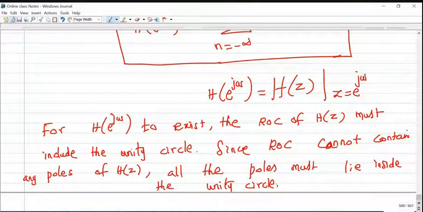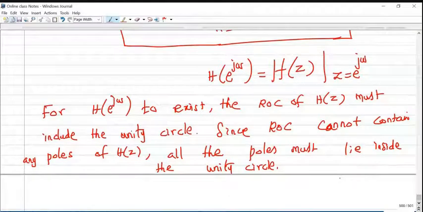I'll explain. What is the statement? From the given X(z), we may directly calculate X(e^(jω)) if all the poles lie inside the unit circle.